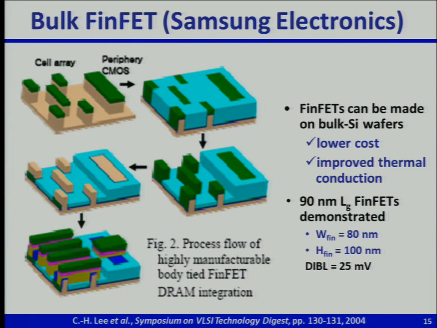So you need different doping steps, not only for the channel region, what they call a channel stop implant at the base of the fin, but you also need different source drain implants. The source drain implants for the planar device must be shallow to suppress short channel effects. The source and drain implants for the fin have to reach down to the base of the fin. So if the fin is tall, then you need pretty deep source drain implants.